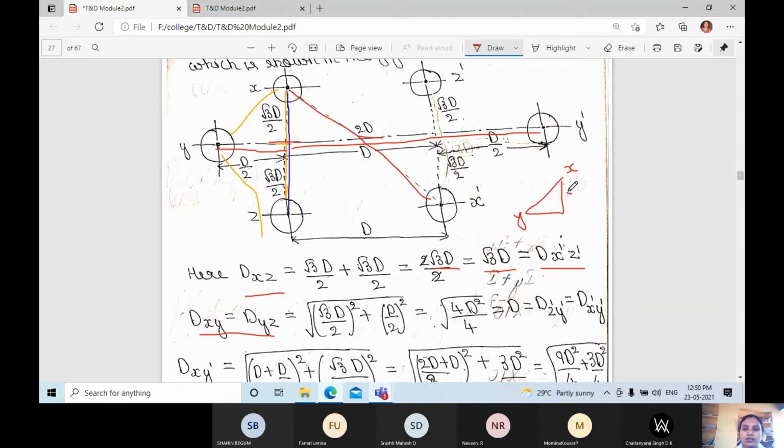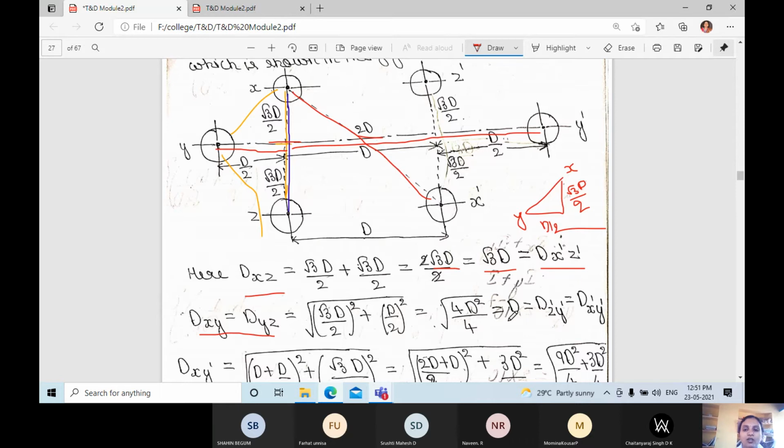Here square root of 3d divided by 2, and here d by 2. This distance is d by 2, and we need to find the distance between x and y. So square root of square root of 3 into d divided by 2 whole square plus d divided by 2 whole square.